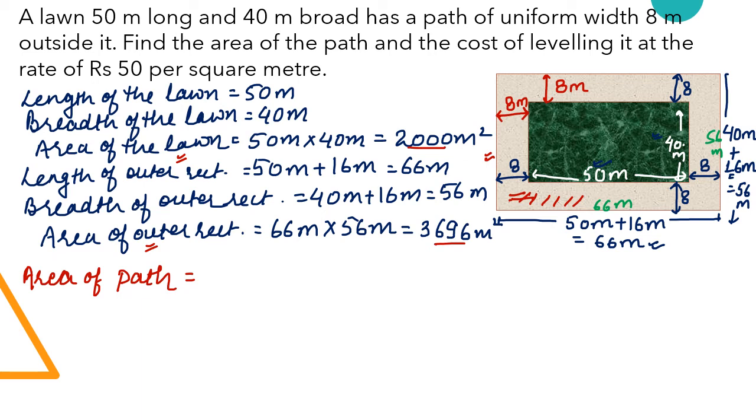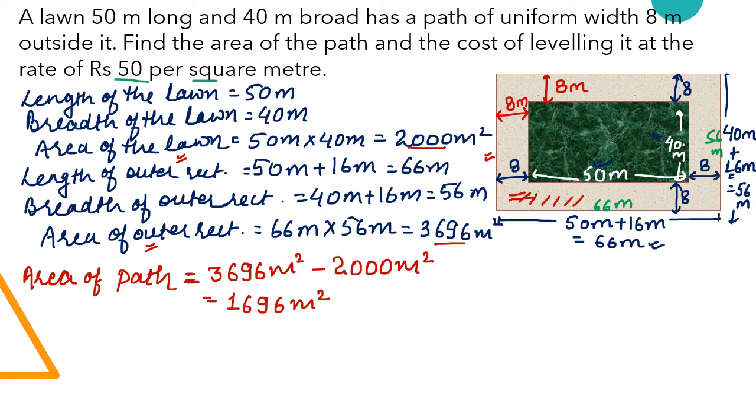Therefore, area of path is equal to 3696 meter square minus 2000 meter square, that is 1696 meter square.